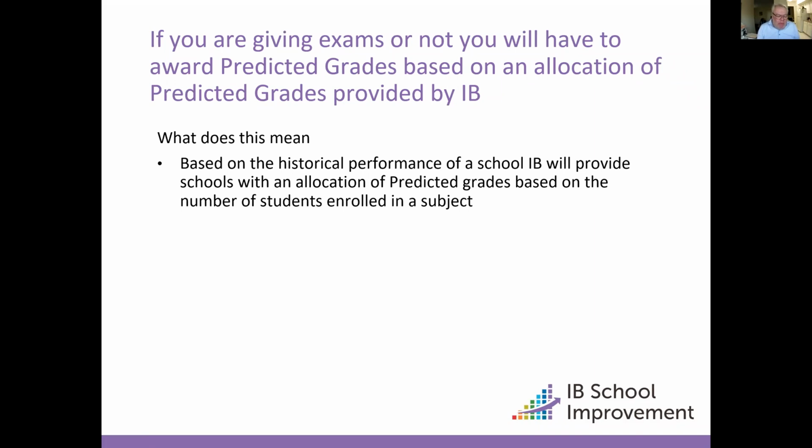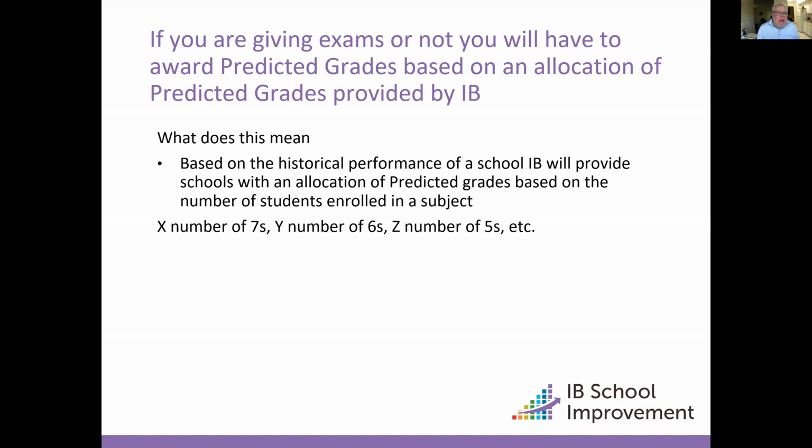That historical performance will be based on 3 years of previous data. It will not include May of 2020. May of 2020 was considered an outlier, so they will not use May of 2020. Instead, they will use May 2019, May 2018, and May 2017.